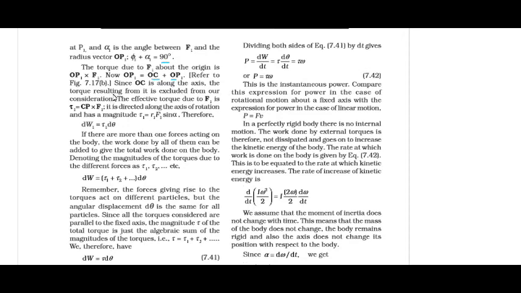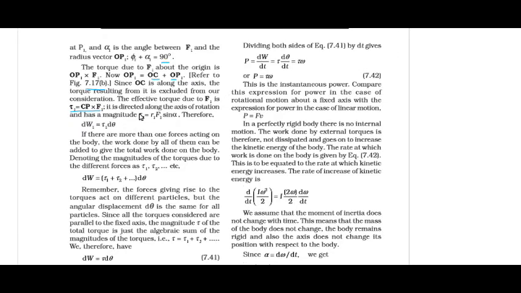So we have done this in the previous lessons, referring to the old image which was done 2 or 3 classes before. Since OC is along the axis, the torque resulting from it is excluded from our consideration. The effective torque due to F1 is tau 1 equal to CP1 cross F1.